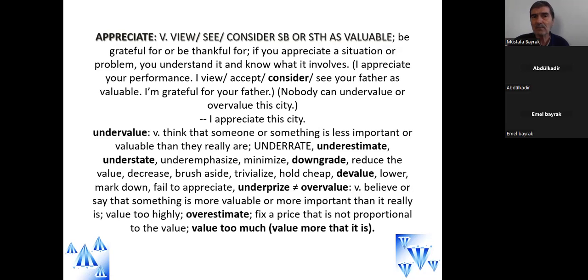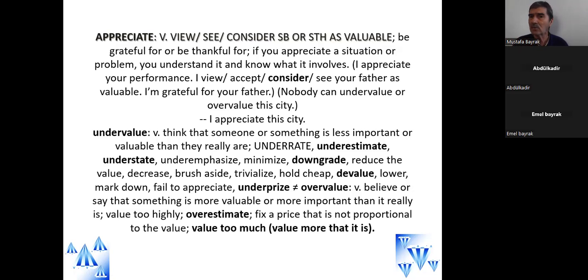Okay. For example, I consider your father as valuable. I consider my father as valuable, and I also consider your father as valuable. I am grateful for your father. These sentences all have the same positive meaning.